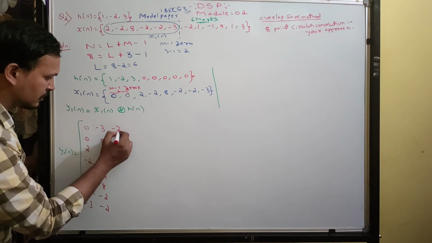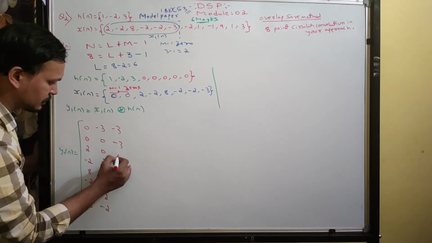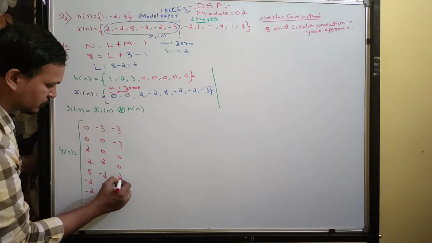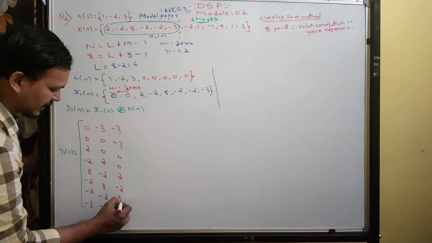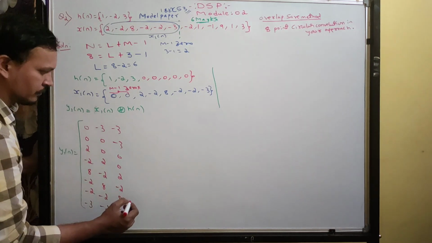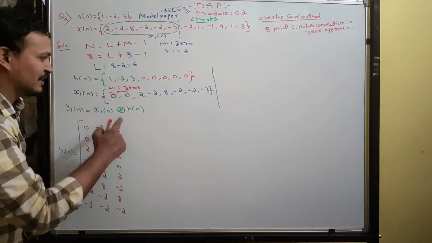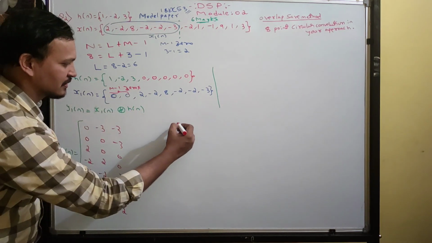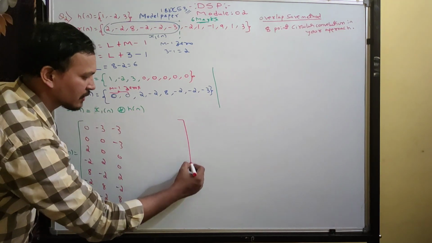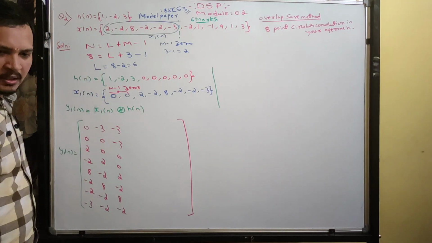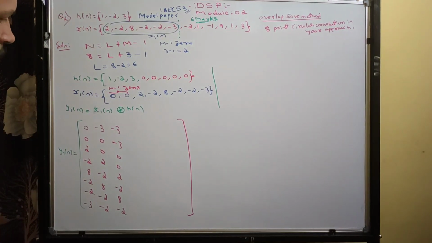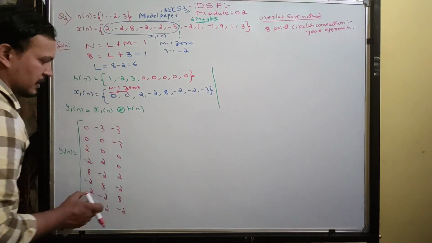Take minus 3 here: minus 3, 0, 0, 2, minus 2, 8 and minus 2. How many times should you write? 8 times you should rotate. You can do that in your notebook on your own.